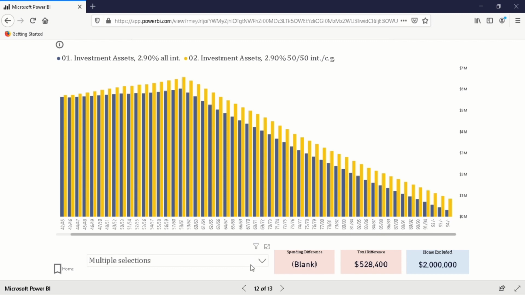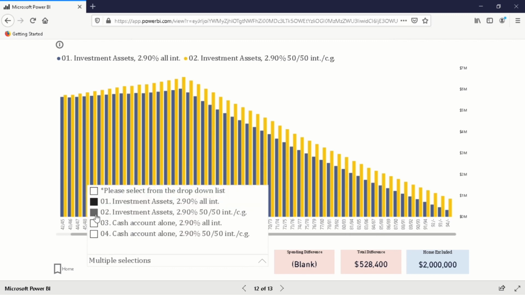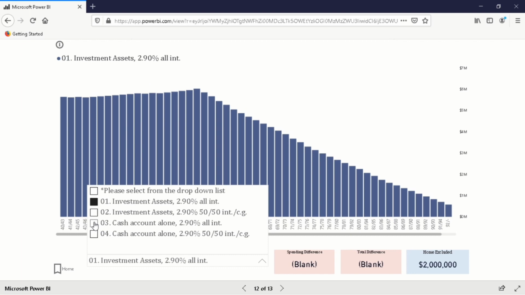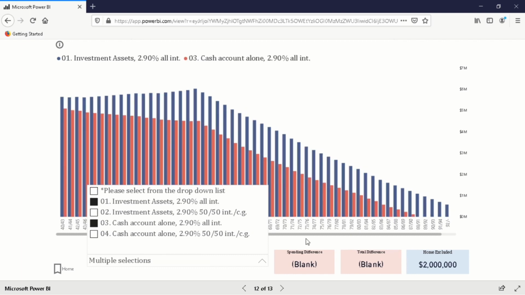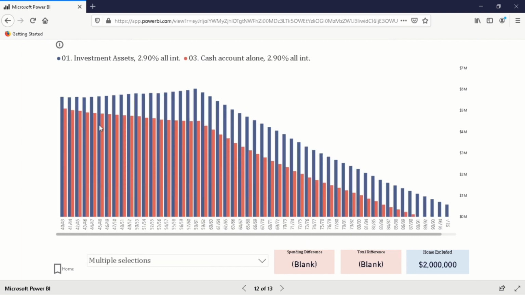Looking at it another way, here we've overlaid just the value of the cash account. The difference between these two areas: these are the RSPs, TFSAs, all the registered accounts, and this area here is the taxable accounts, the cash and margin accounts. What we're plotting out here is how long this account group lasts.